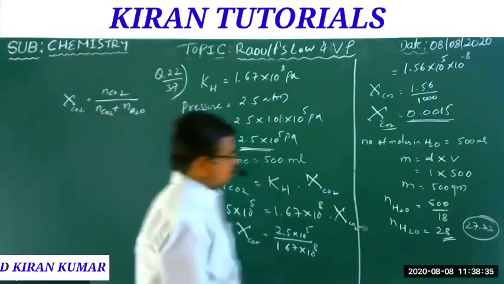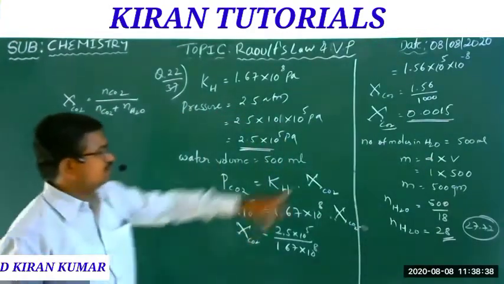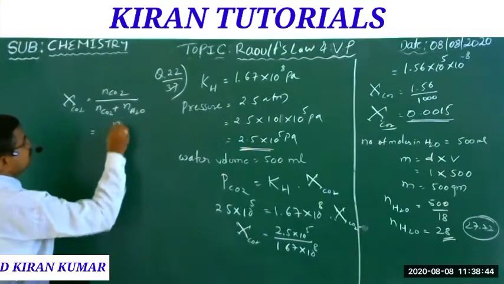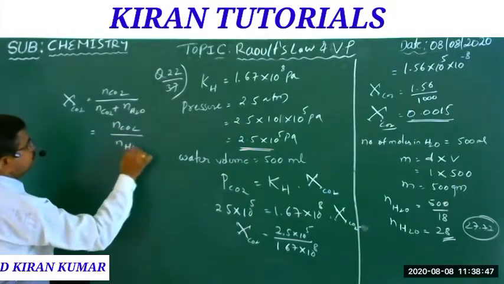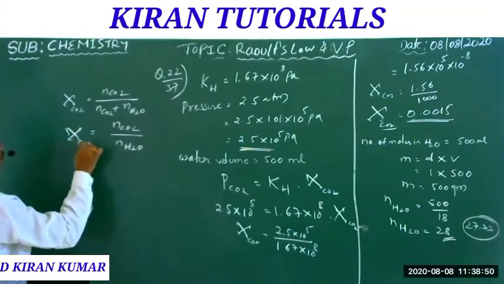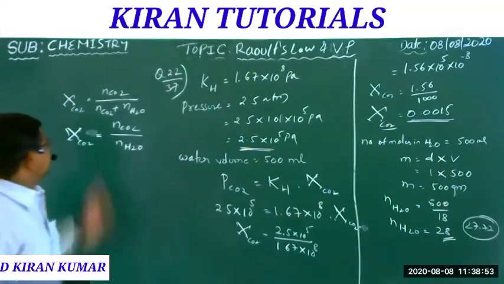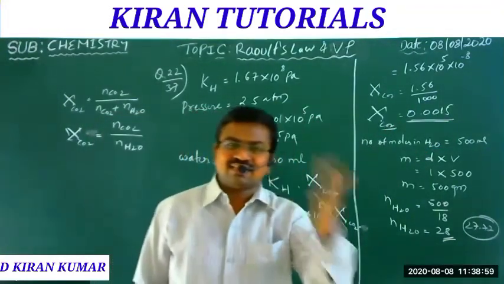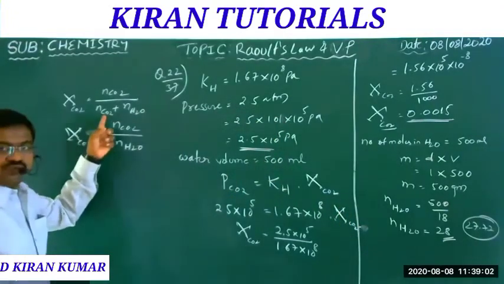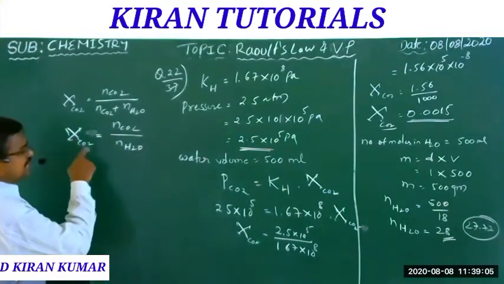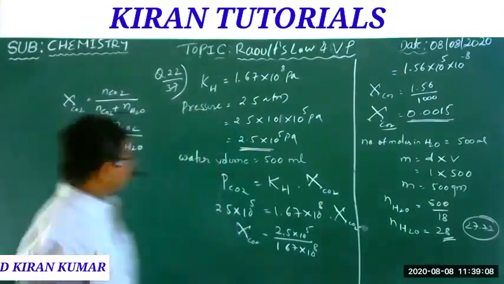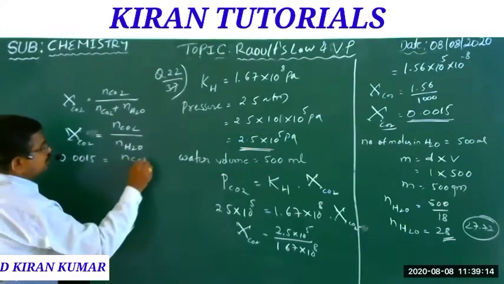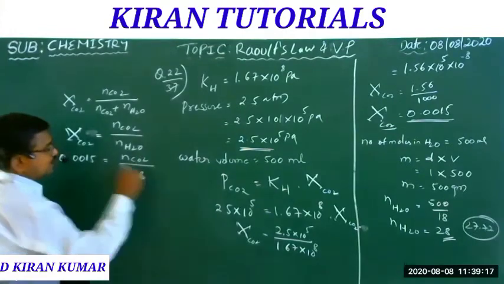The number of moles of H2O, 28, is present in water. The moles of CO2 are negligible for a very dilute solution. So the mole fraction of CO2 is 0.0015, which equals the number of moles of CO2 by 28.